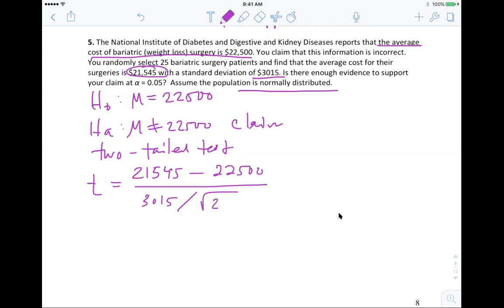And that is the n, so I need square root of 25 right there. So there's my t. So I'm going to practice calculating that real quick. See what you get. This is looking like about negative 1.58.